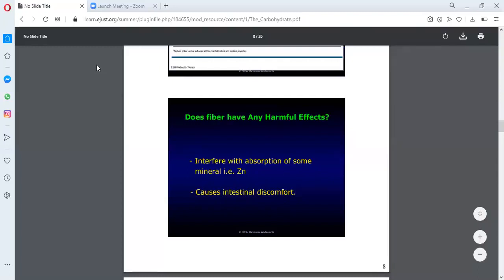Something you cannot digest stays in the GI tract, and more of it can cause GI disturbances. So you always need to keep it in balance. This is the whole idea behind clinical nutrition: balanced food.